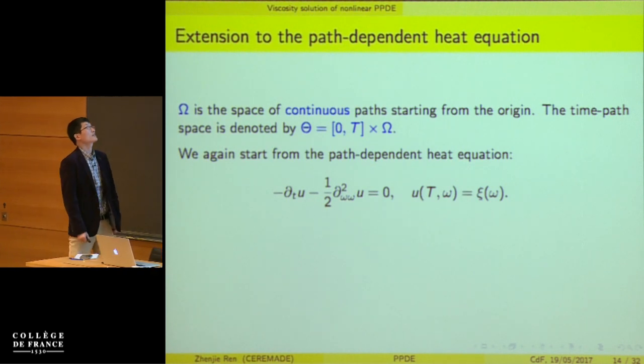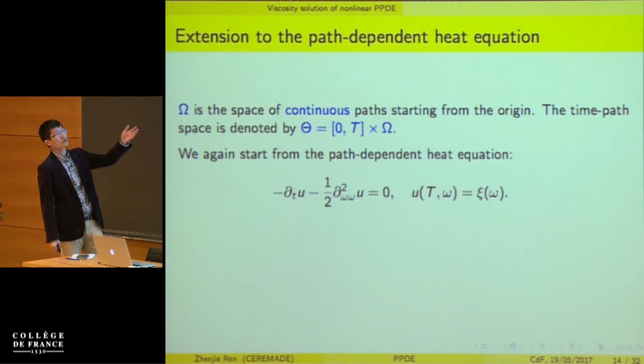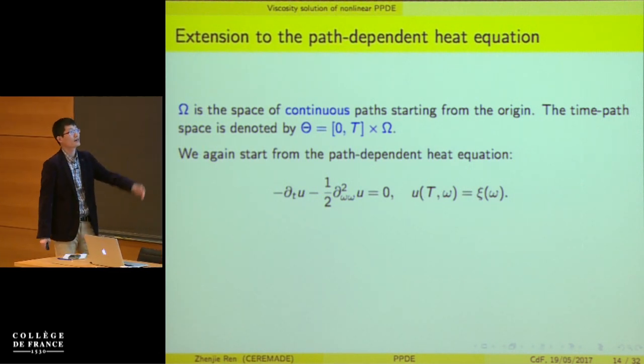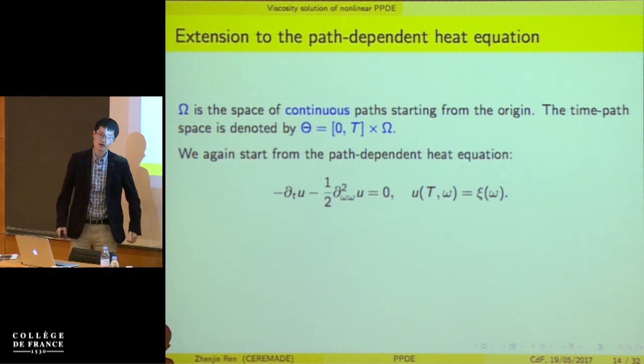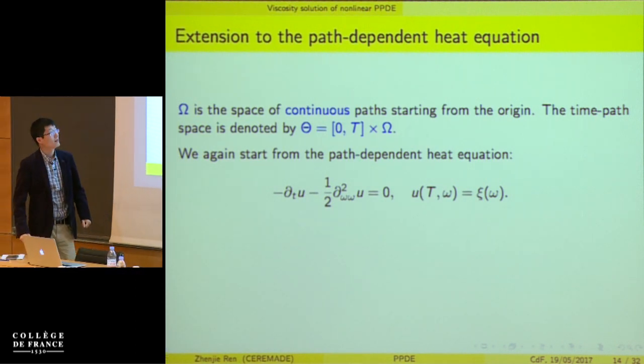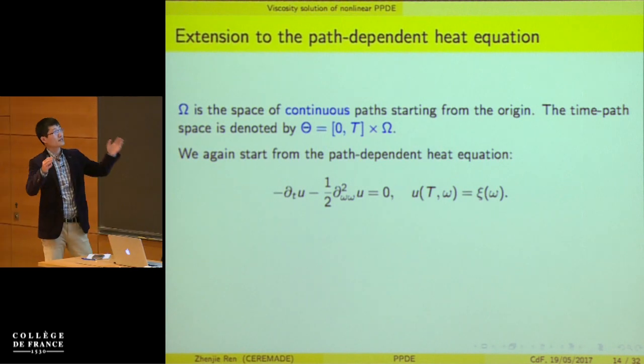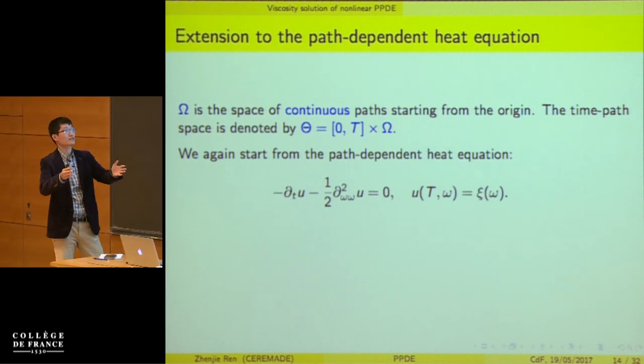So we introduce the canonical space. First, the path space omega, which contains all the continuous paths starting from the origin. And then we denote theta as the product space of time and the path. And of course, this path-dependent heat equation is based on this space.